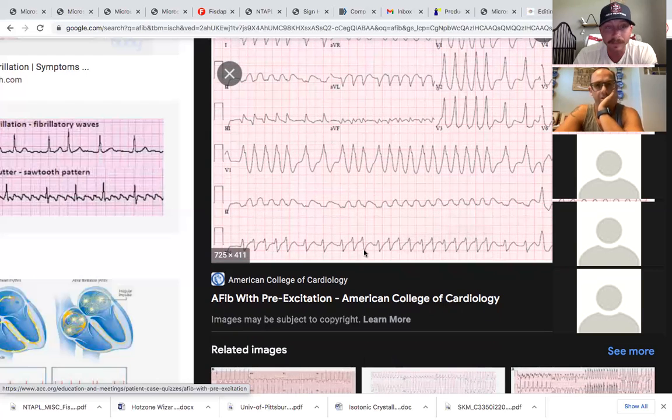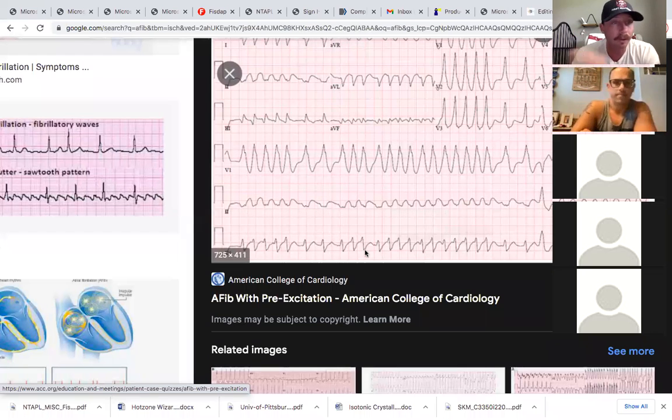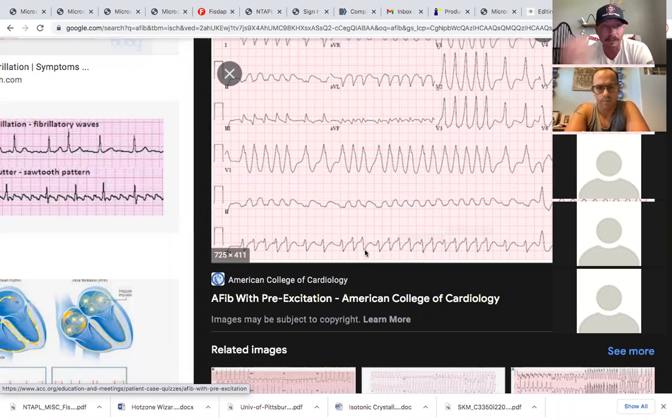They're all irregular. They're irregular, exactly, right? And VTAC, although it originates from the ventricles, 99% of the time, it's going to be what? It's going to be regular. So I've got an irregularly irregular rhythm. What's the only rhythm that lines up with that? AFib.